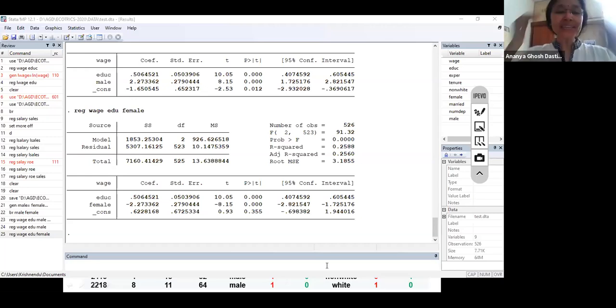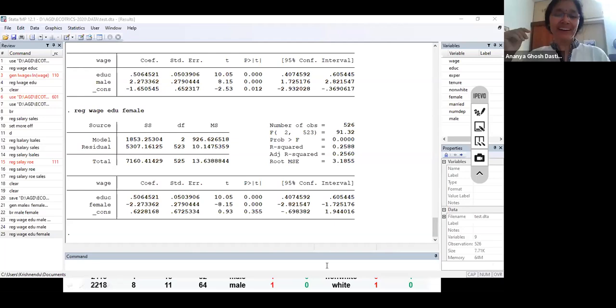So you see, the male dummy is giving the difference between male minus female, right? And it is positive because the male slope is higher than the female slope. And what is the female dummy giving? It is giving the difference between female minus male. So the magnitude is the same.